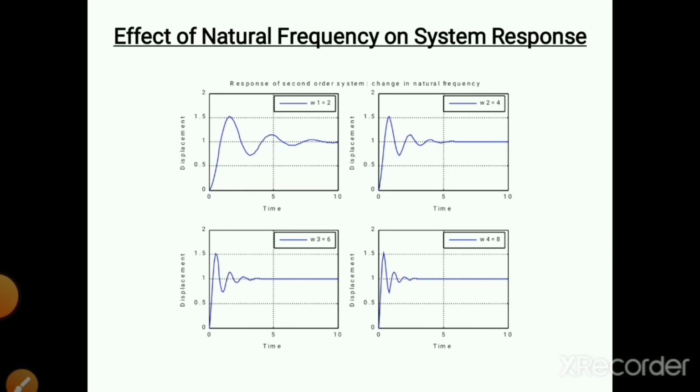So as you go on increasing frequency values, what happens? The system takes few peaks and gets stable very early for higher natural frequency. Okay, so for the last graph you can check after some peaks the system gets stable. So here rise time and settling time are reduced. Okay, so like this there is an effect of natural frequency on rise time and settling time. The system gets stable when natural frequency is more. Okay, so thank you so much all of you.